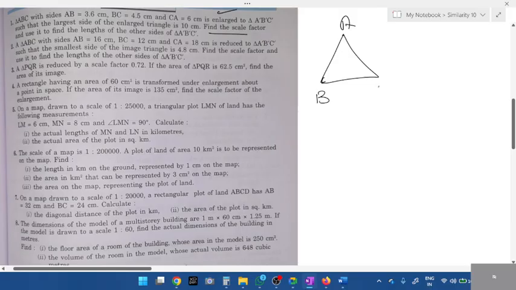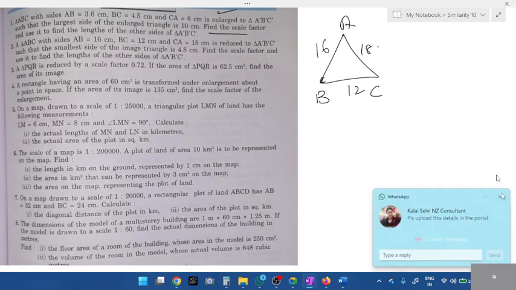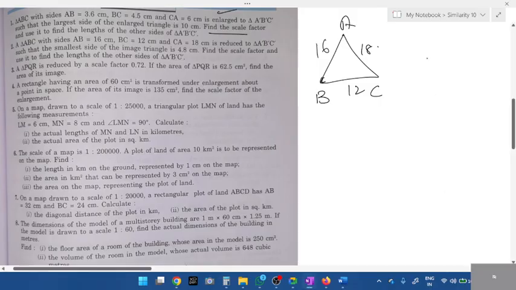A, B, C. This is the original one. AB is 16, BC is 12, CA is 18. It's reduced, meaning it is small. See, I'm drawing a smaller diagram.